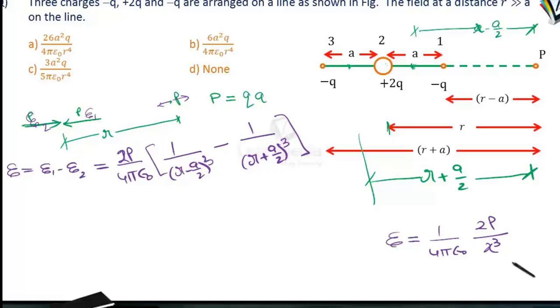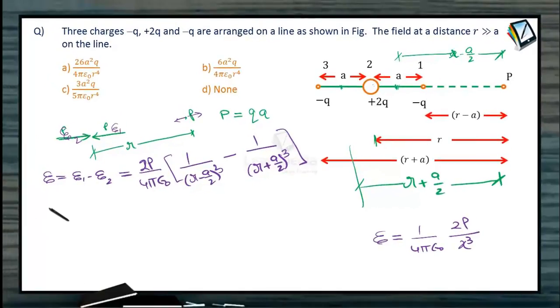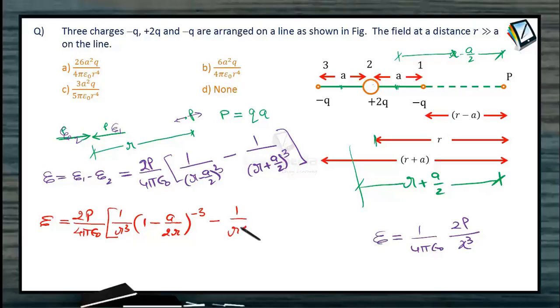Okay, 2p upon x cube. So this is the expression, and you can simplify it: E equals 2p divided by 4 pi epsilon naught into, taking r cube as common, 1 minus a divided by 2r raised to the power minus 3, and minus 1 upon r cube, taking r as common, the bracket 1 plus a divided by 2r raised to the power minus 3.